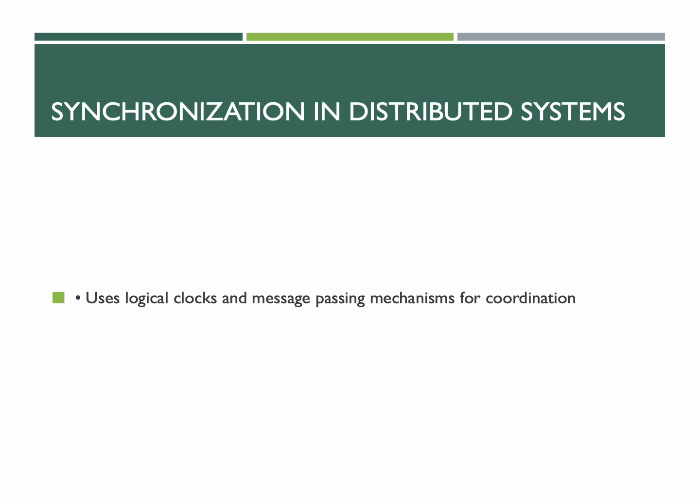So, here are some techniques we can use. First of all, logical clocks. In a distributed system, processes use logical clocks instead of physical clocks to maintain an event sequence.